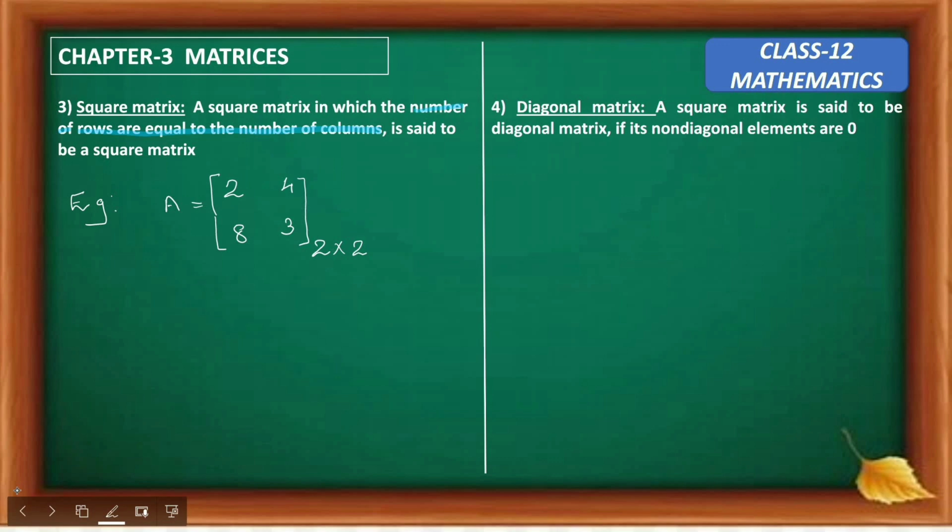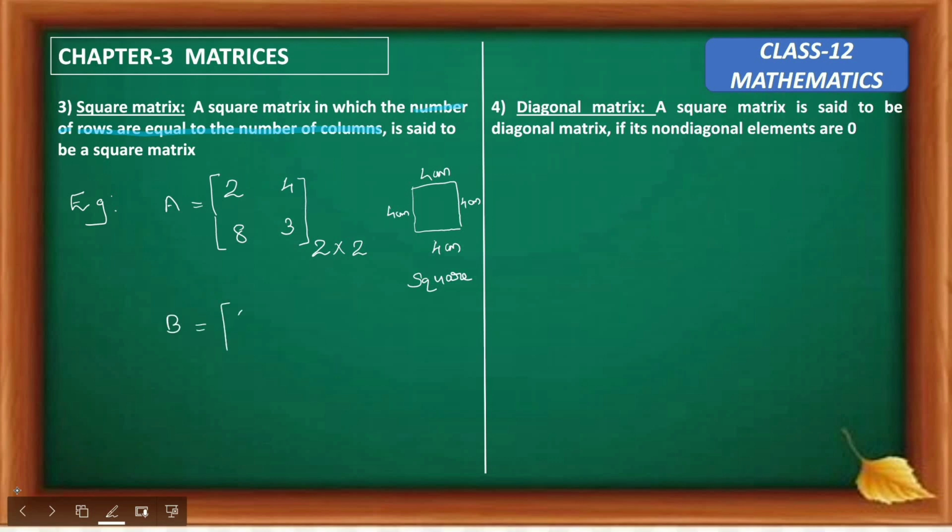What is a square? You know, this is like one figure. This is one square. In here, if one side is 4 centimeter, this side is also 4 centimeter, this also 4 centimeter, this also 4 centimeter. All the sides are equal, then only we can say that is a square. All the sides are equal, isn't it? Similarly, in here, if the number of columns and the number of rows are equal, we can say that is a square matrix.